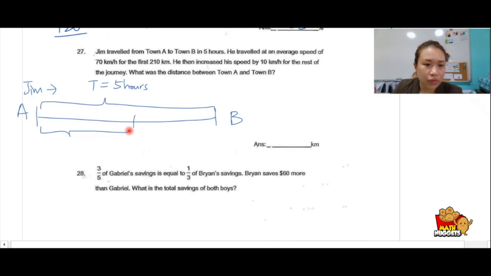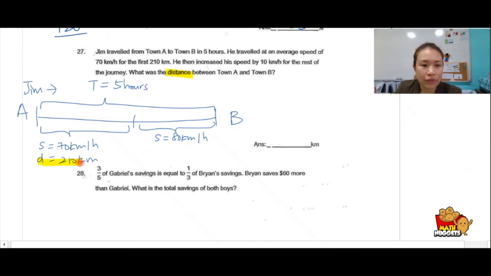He traveled at a speed of 70 kilometers per hour for the first 210 kilometers. For the second part, he then increased his speed by 10 kilometers per hour. So the old speed is 70, the new speed will be plus 10, which is 80 kilometers per hour. The question asks us to find the distance between A and B.